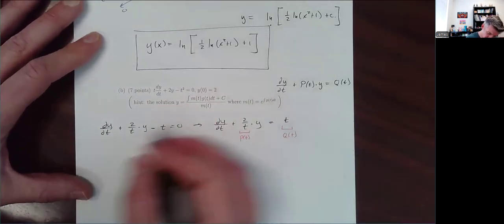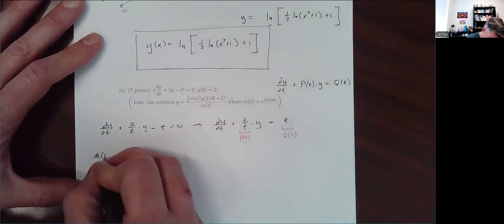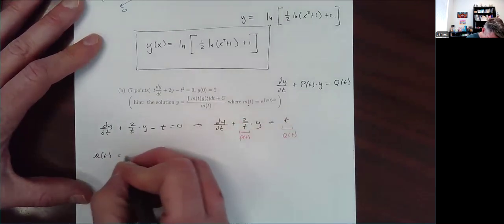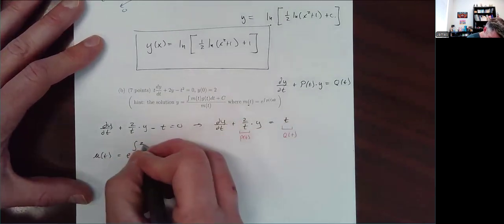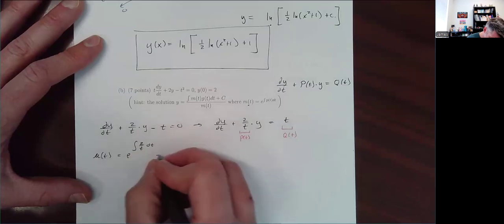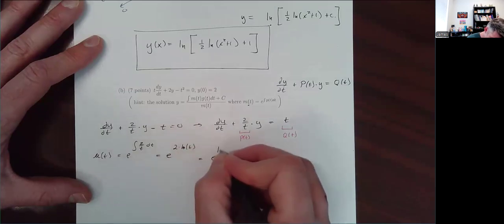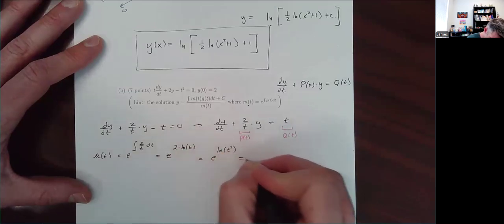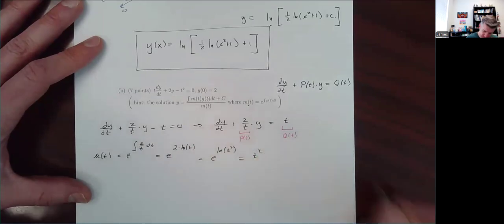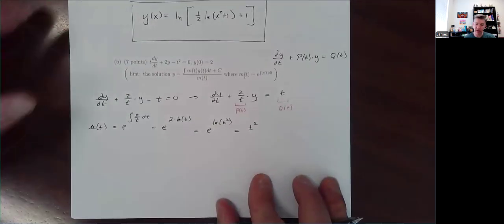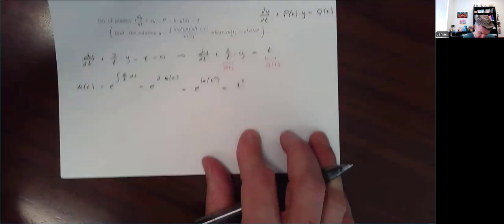So then our mu of t, or in his case m of t, is e to the integral of 2 over t dt. We get e to the 2 times natural log of t, which is e to the natural log of t squared, which is just t squared. Since we don't have a lot of room, we are going to jump straight to the conclusion.